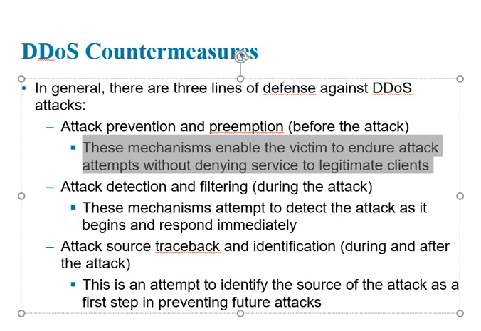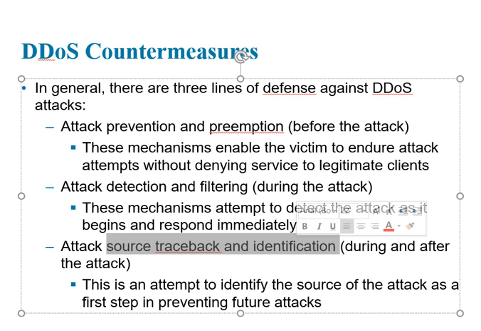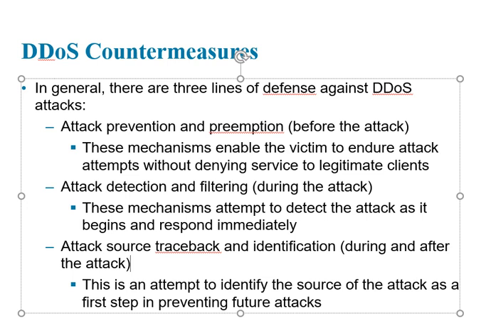And then attack source traceback and identification during and after attack. Once we detect, we can look into the source of attack. We try to identify the attack source or the attack origin, so that we can use that information to block or to configure our network IDS, network firewall, and so on.